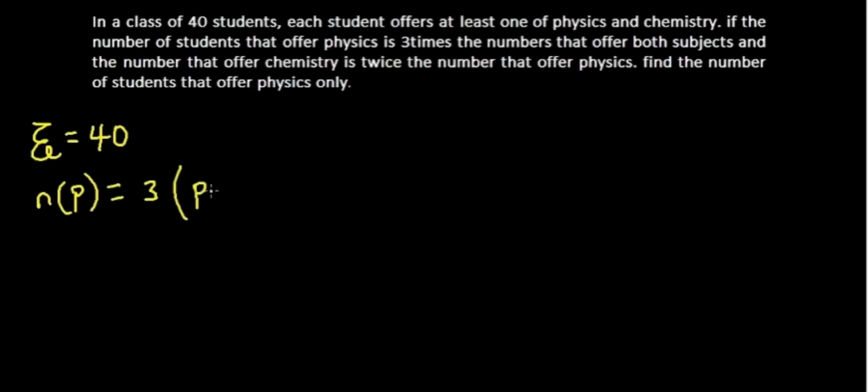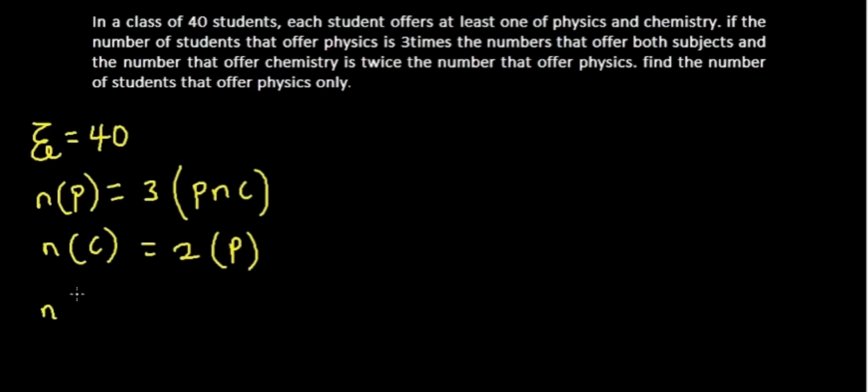So it's 3 times those that offered the two. And the number that offered chemistry, n(C), is twice the number that offered physics. Now find the number of students that offer physics only.